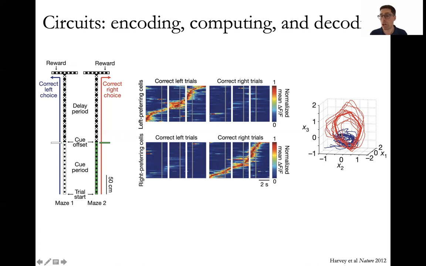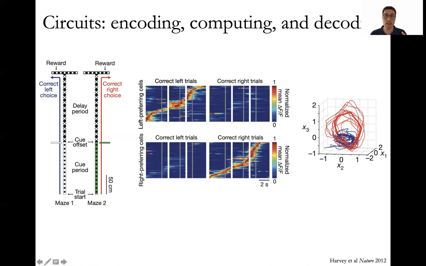And you can see these different colors are for the different trial types, right and left. So again, we've got this very complex activity unfolding over lots of neurons, peppered throughout the cortical territory in this particular case, with very precise timing.